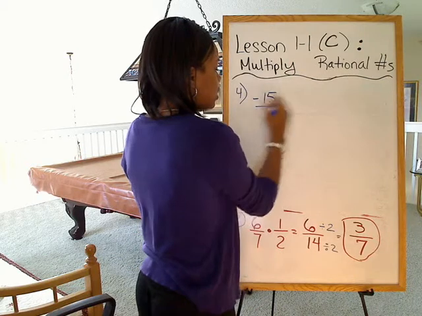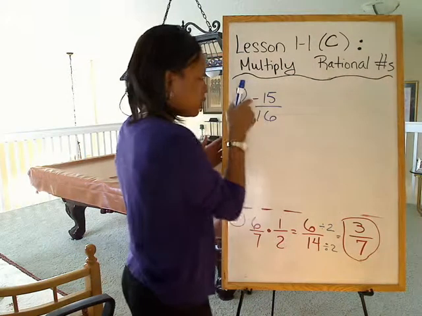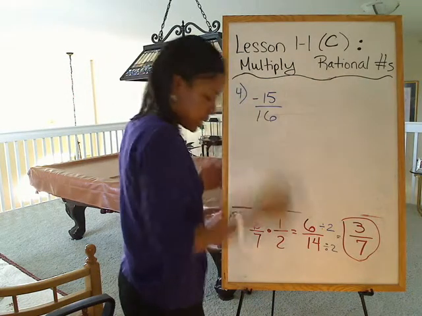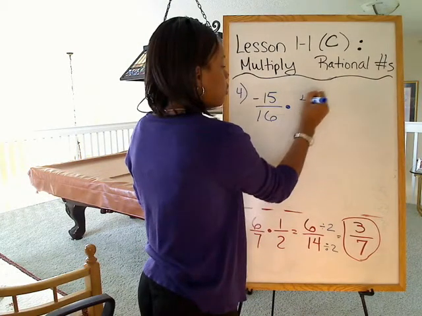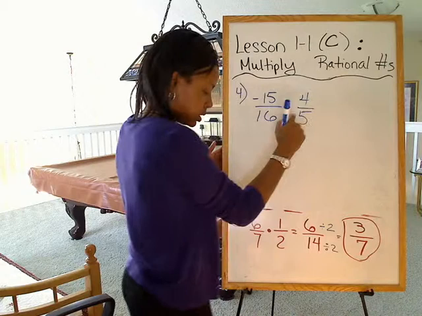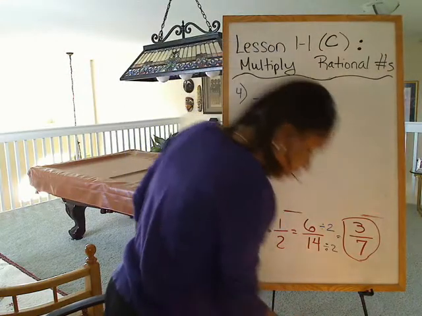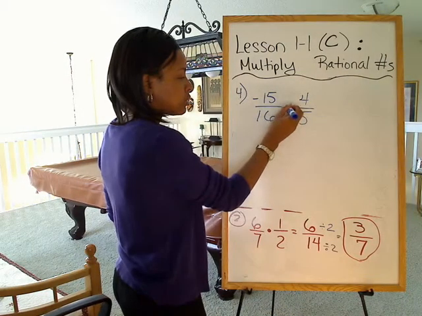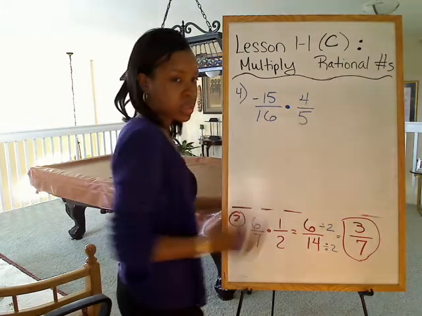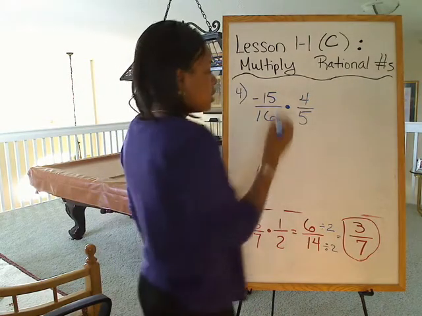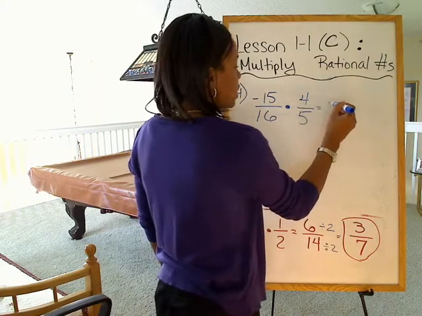Remember I said to just keep the negative with the numerator, keep it on top, makes it easier for you to work with, times 4/5. This dot that you see just means multiply if you didn't know that already. In pre-algebra they tend not to write the X for multiplication, they use a dot or parentheses, which we'll see later. So -15 times 4 is -60.